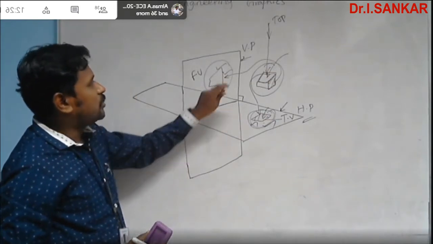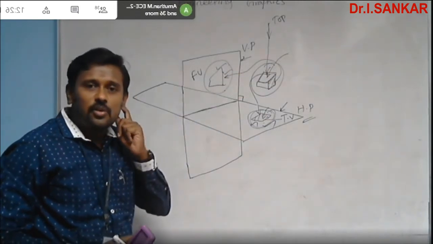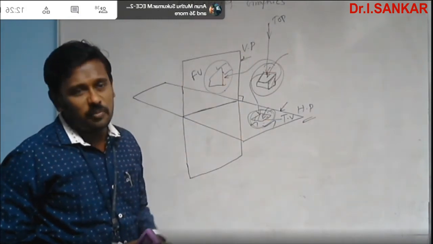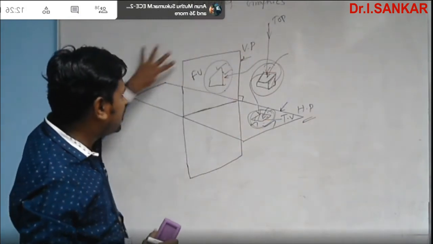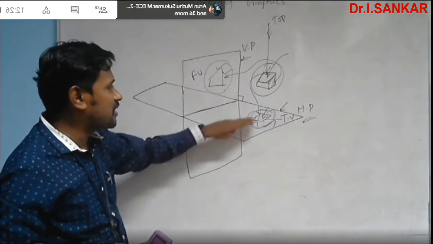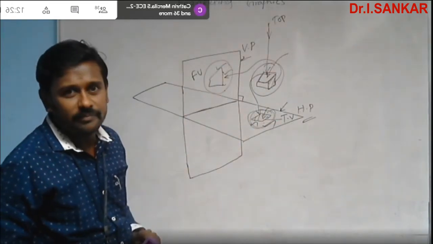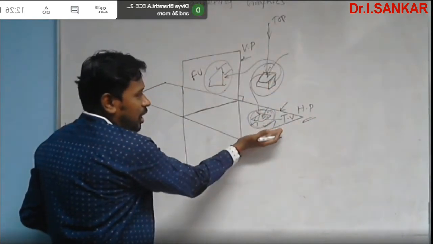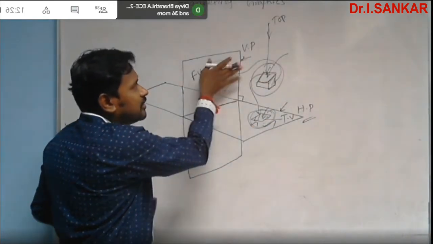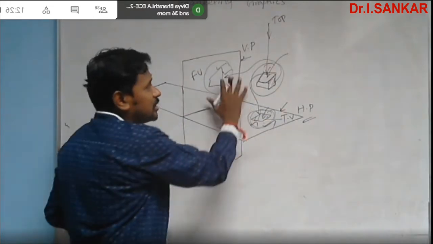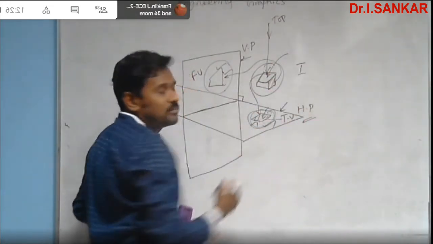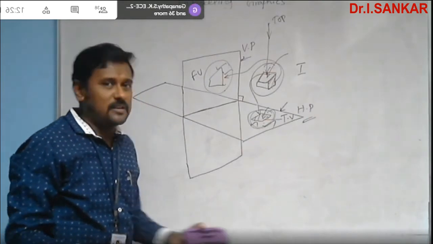Based on the position of the object, you can say the quadrant where the object is placed. This environment is created by the presence of the horizontal plane and the vertical plane, and this space is above the horizontal plane and in front of the vertical plane. This space is termed quadrant 1 or the first quadrant.